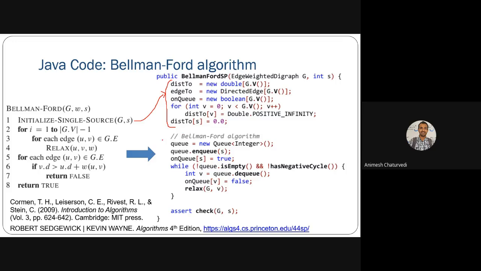Thereafter, you just use the queue method for running that Bellman-Ford. So thereafter, you have this while loop over here. Corman used a for loop, but in this Princeton version, you are using a while loop.